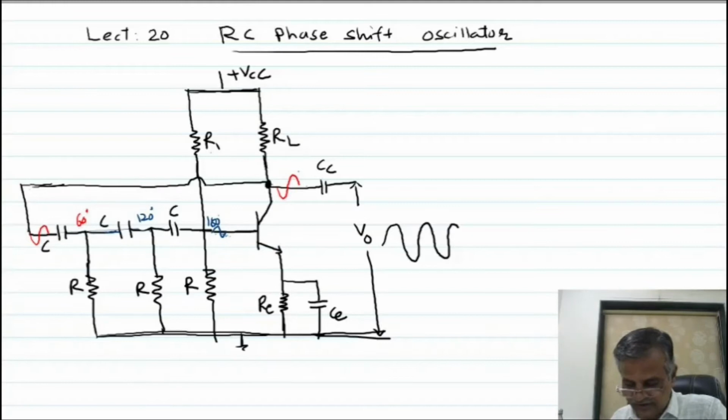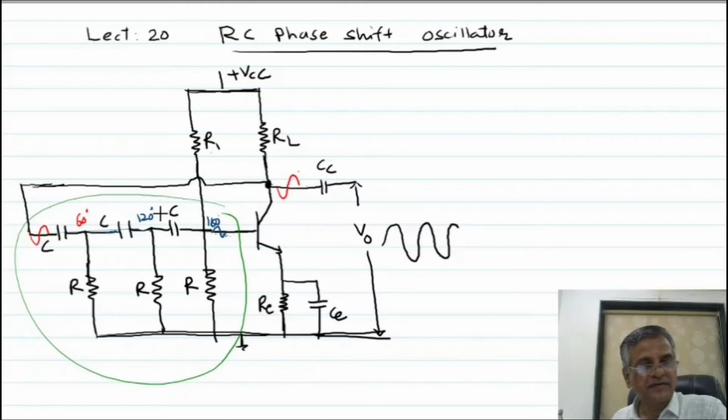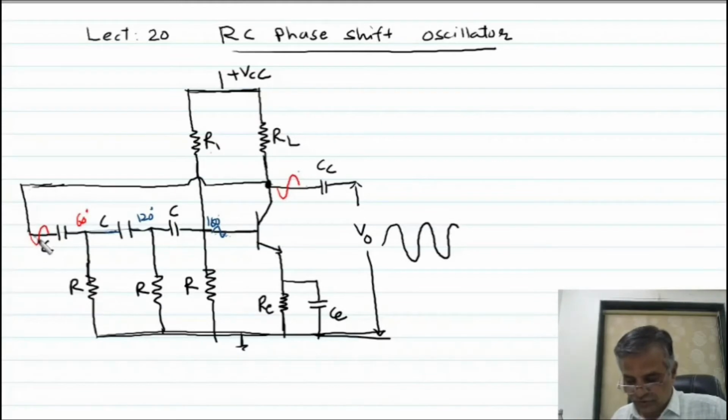Look again here. This is 180 degrees produced by the transistor itself. It is given to the feedback network. In this feedback network, you use three RC sections. The values of R and C are selected in such a way that each RC produces 60 degrees.